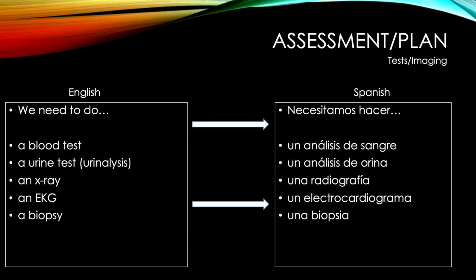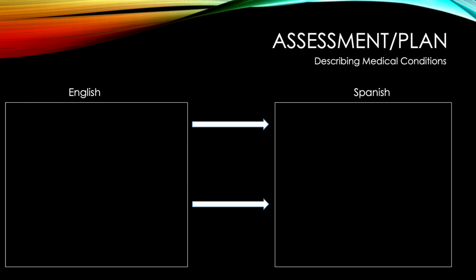Let's move on to describing the medical condition as if we're telling the patient what we think that they have, which is the whole reason why we're doing the tests in the first place. So in order to say, I think that you have, you want to say, creo que tiene, right? Creo que tiene. I think that you have.